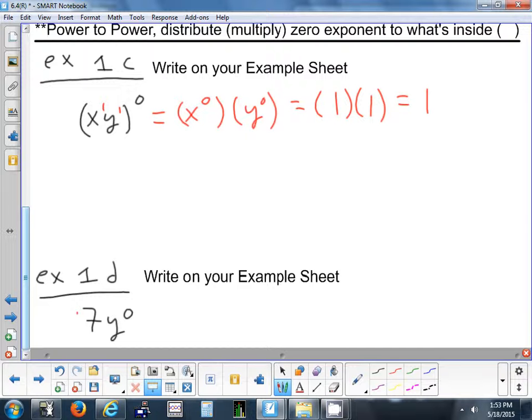Just the y. This 0 has nothing to do with the 7. Okay, so I have 7. What's y to the 0? 1. 7 times 1? 7. Good.